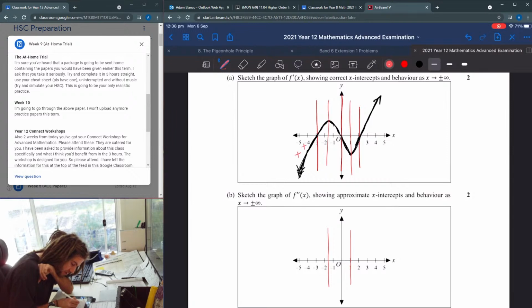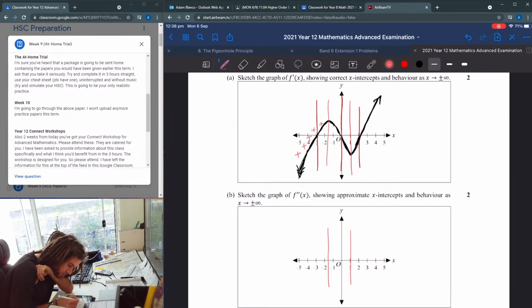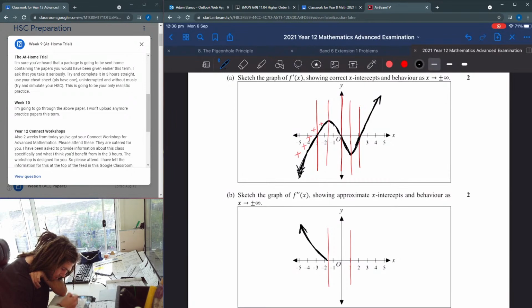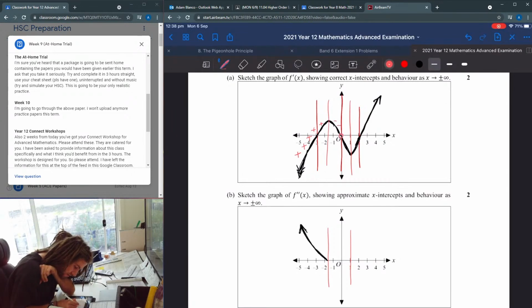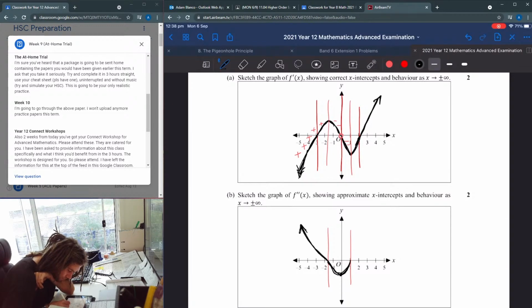It's got positive gradients towards 0, positive towards 0. And then it's negative, negative, very negative, and then starts going back towards 0, which is here.